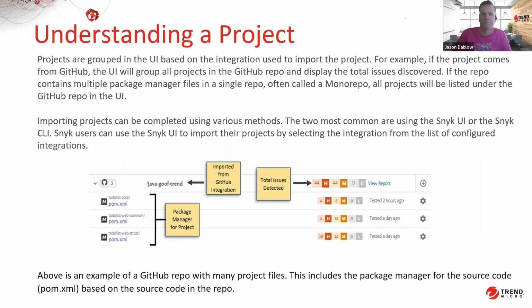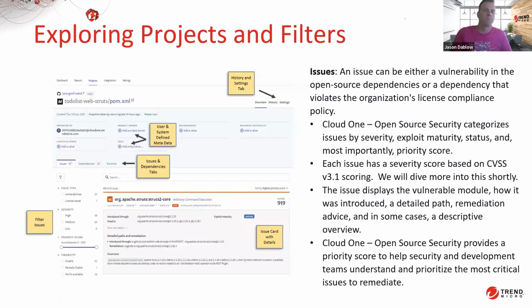As we add this project into open source security, we're seeing a number of different things within an environment, whether it's a vulnerability or an open source license issue: different categories, issues, as well as a priority score relative to the issue you're looking at.